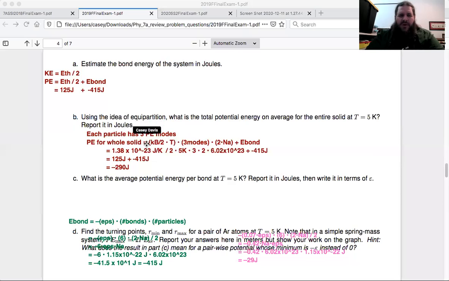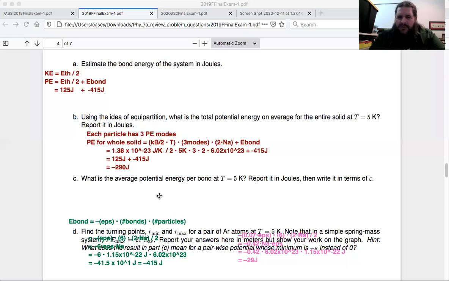If you use 6 modes, you'd get the total thermal energy of the whole solid, and then you divide that by 2, because half of the thermal energy is potential energy. Or we could just focus on only the potential energy modes. There are 3 potential energy modes per particle, so if we use 3 modes, the energy we find is just the potential energy, and we don't have to divide by 2. I see, thank you.